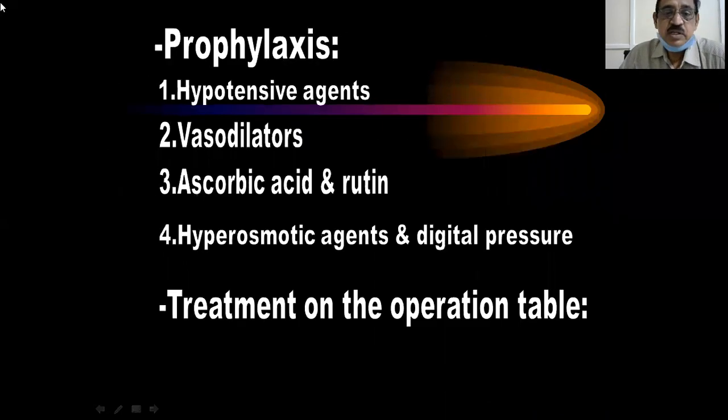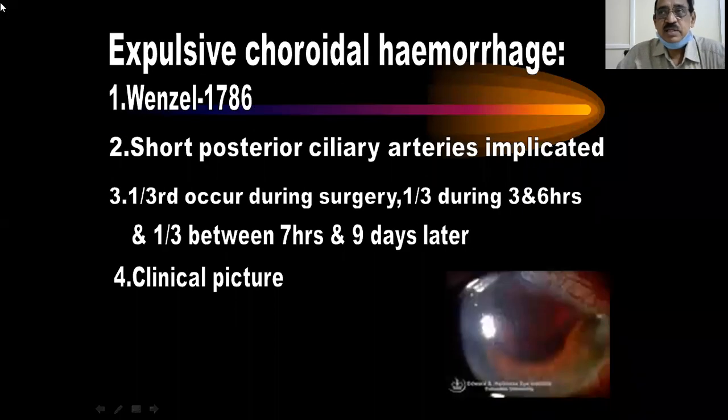Clinical picture: what will happen is when we are doing the surgery, the section starts opening up despite us, and the globe becomes very tense and very hard, and the section opens up, and there will be intraocular structures coming out of the pupil.